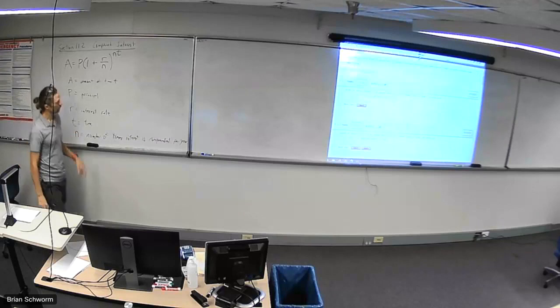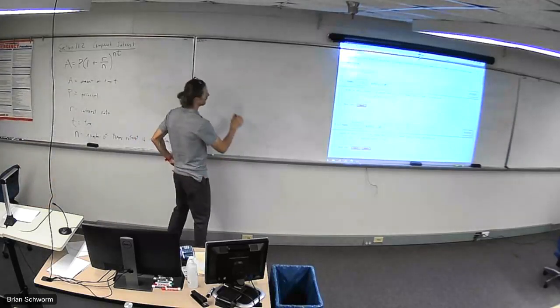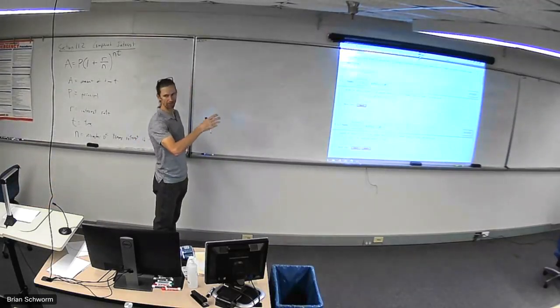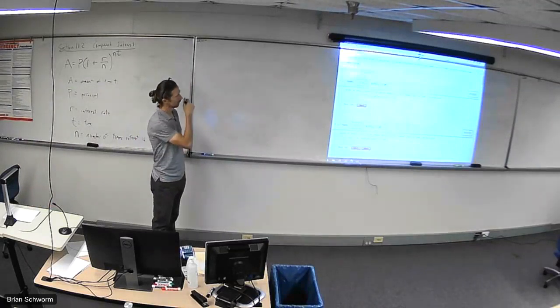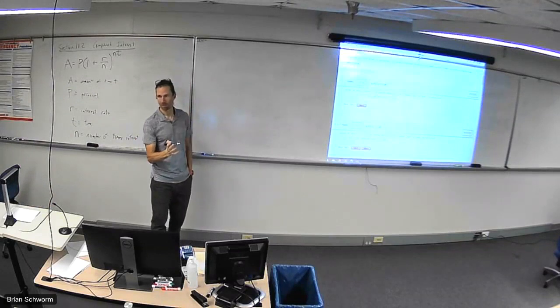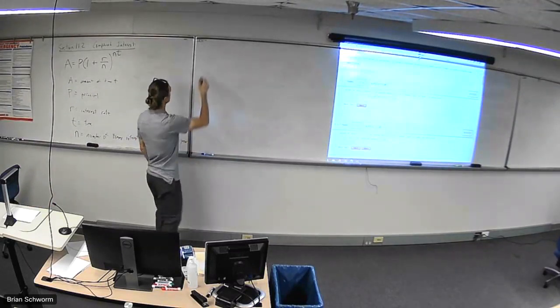First, I want to address this. Just think about figuring out the n, because they don't usually just say the n is 3. They'll say interest is compounded weekly, so we have to figure out the n.